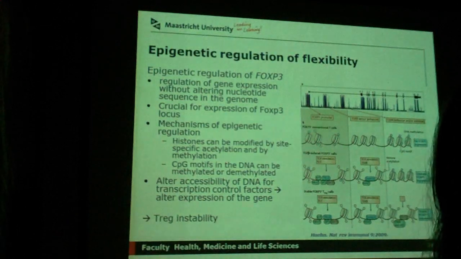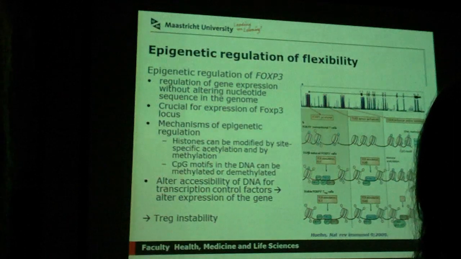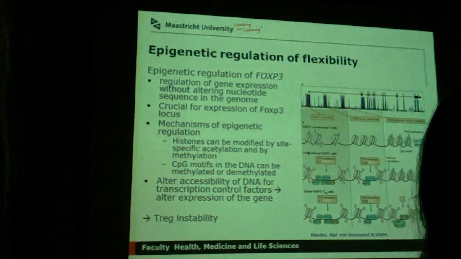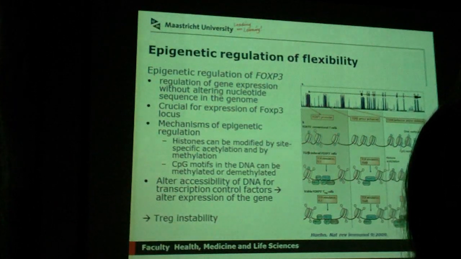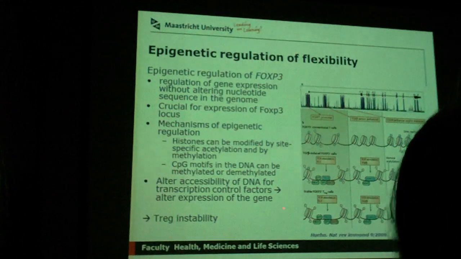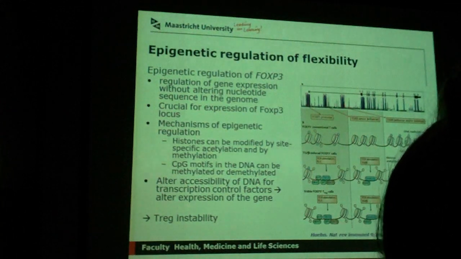So here you see these three regions which undergo different epigenetic modifications. Here in the top panel you see conventional T cells. In the middle panel you see induced regulatory T cells. Here at the bottom you see the natural, stable FOXP3 regulatory T cells.